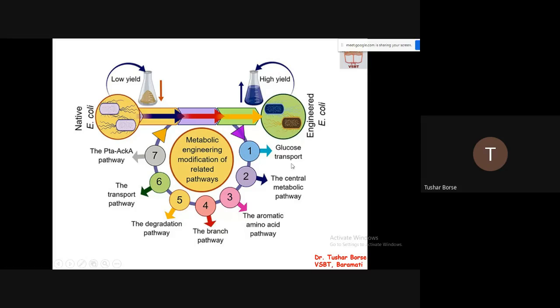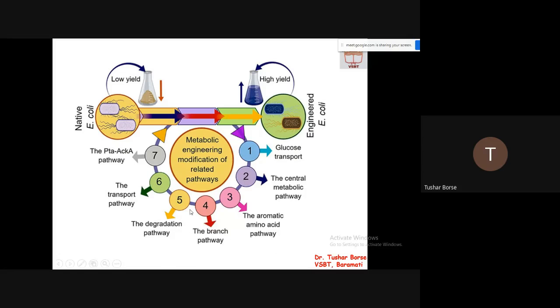You can do a modification with respect to glucose transport. You can modify the central metabolic pathway. You can modify the aromatic acid pathway. You can add a new branch also. Means you may have a system which is not producing an X product, but I will add some new genes into it, so that new proteins will be produced and a new product can be obtained.